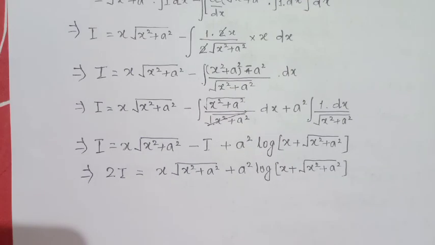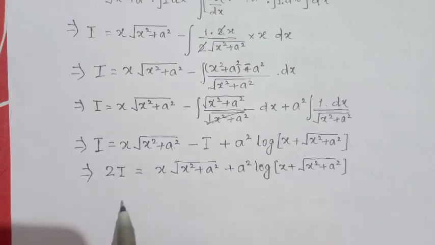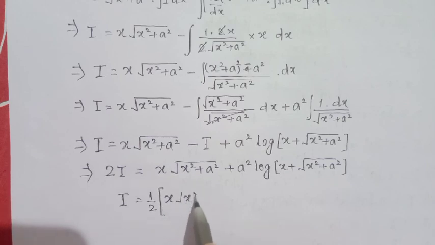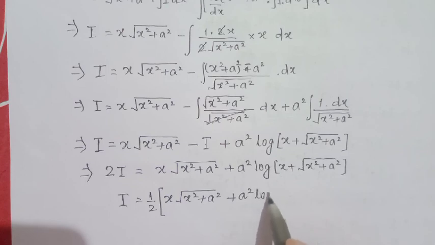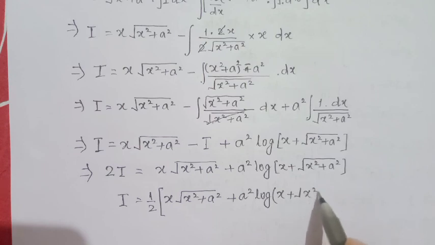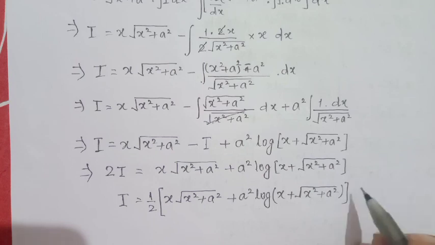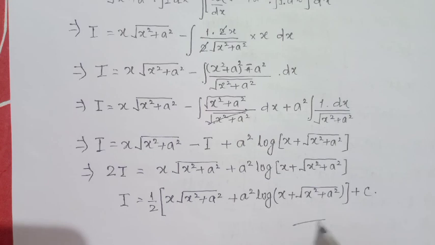And finally, I should be written as 1 upon 2 x into under root x square plus a square plus a square log of x plus under root x square plus a square plus integral constant c. So children, these are the overall identities.